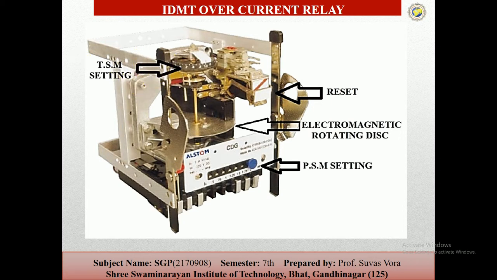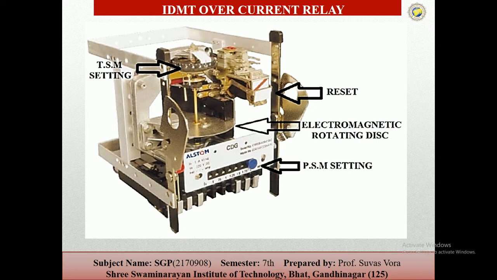That means if the active turns of the relay coil are reduced, proportionally more current is required to produce the desired relay actuating force. Similarly, if the active turns of the relay coil are increased, then proportionally less current is required to produce the same desired deflecting force.